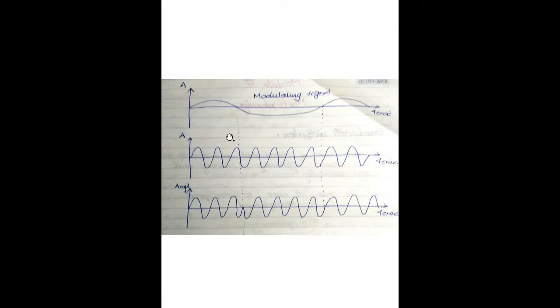This is how it looks after phase modulation. This is the modulating signal and this is the carrier wave. By combining these, the phase is changed. That means when the wave passes through the negative end, the phase will change. It has to go like this, but when it changes to the negative axis, we have to start like this and go on like this.